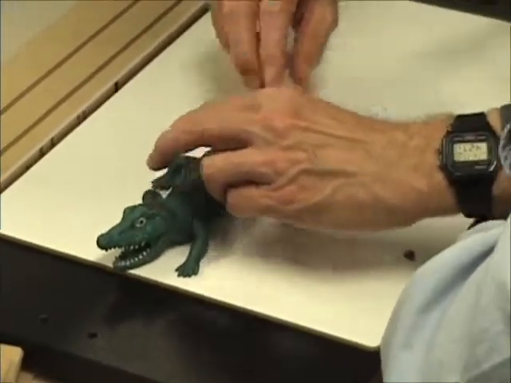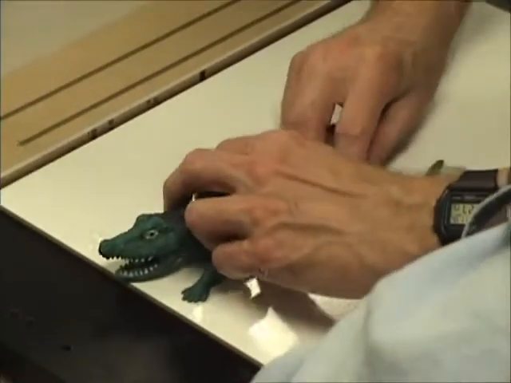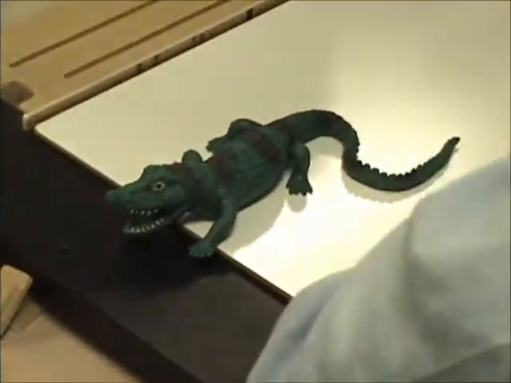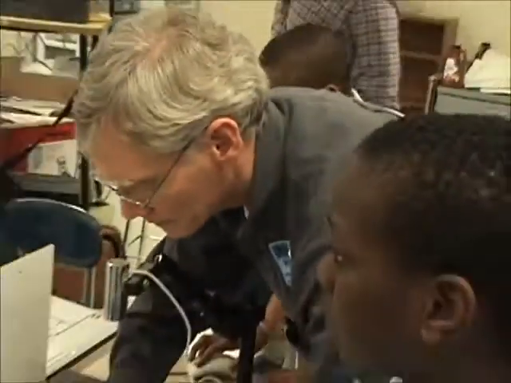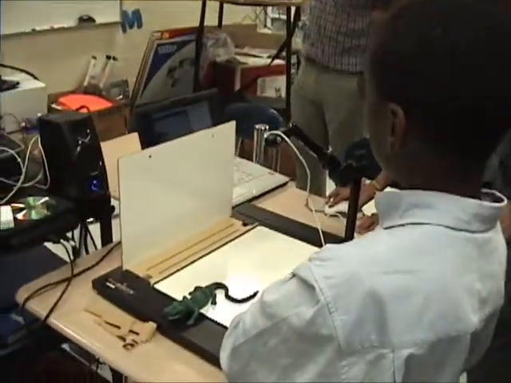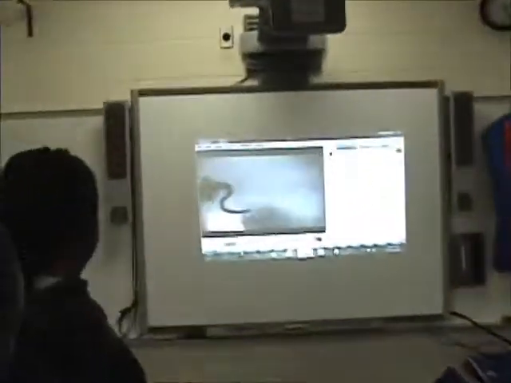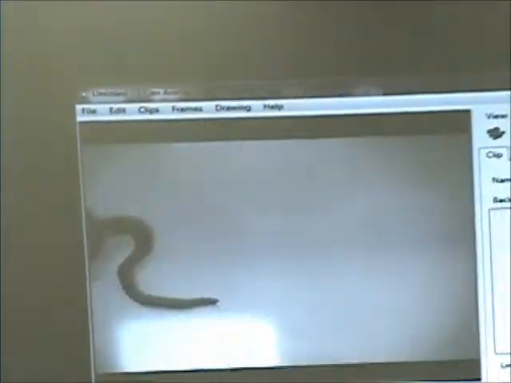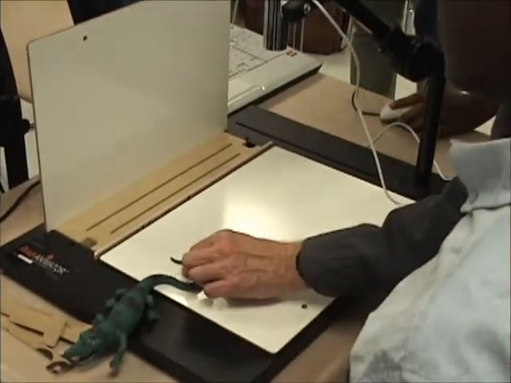Oh, that's a lot of frames. Yeah. You have to be patient. You have to take a lot of frames for it to look good. It's like making it alive.